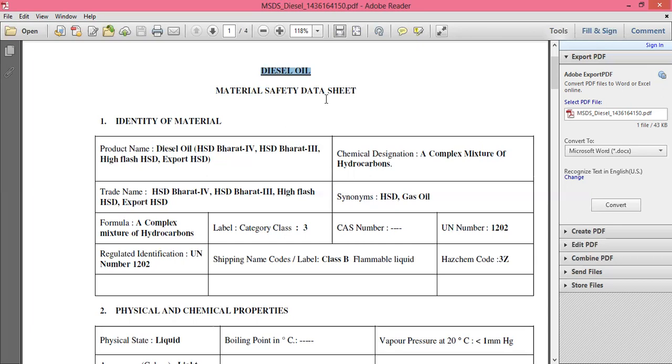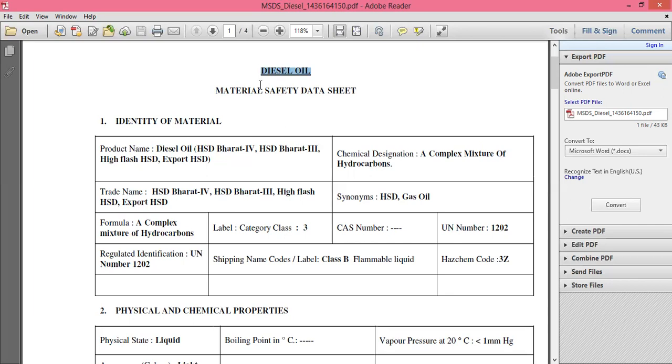It should not be that if something has fallen on somebody's skin, we are running here and there and reading the MSDS to see what is to be done now. So all crew members should read this MSDS before loading the cargo, so we know exactly what the properties of the cargo are and what is to be done in case of an emergency. So let's go through this simple MSDS here.